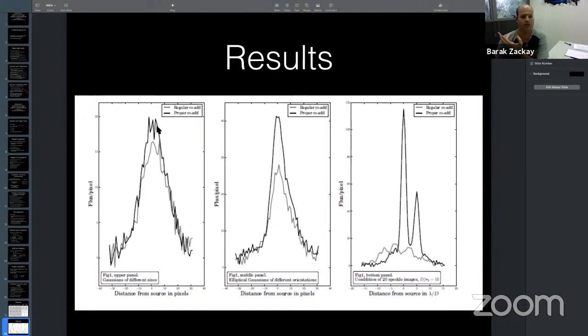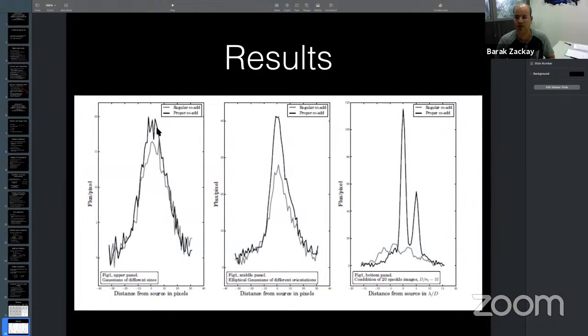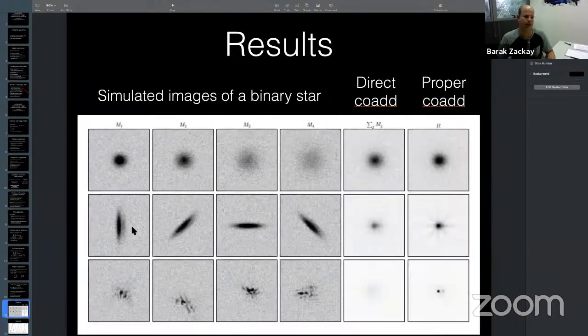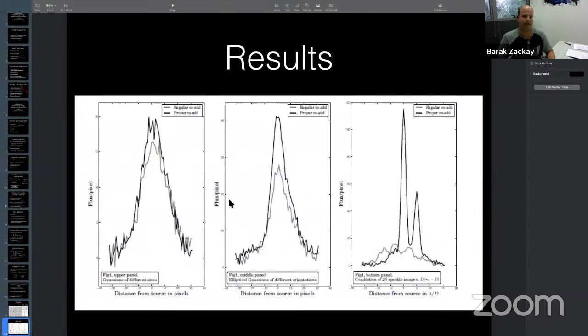And you have a little bit more signal in the proper coadd. This is no surprise that it's a little bit, 20% more survey speed is not much. This is how it looks like. If you go to the place where we sum elliptic PSFs, then the improvement begins to be much more important. And if you go to speckle images, it's a complete change of life.